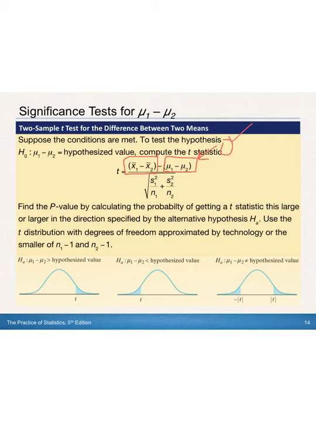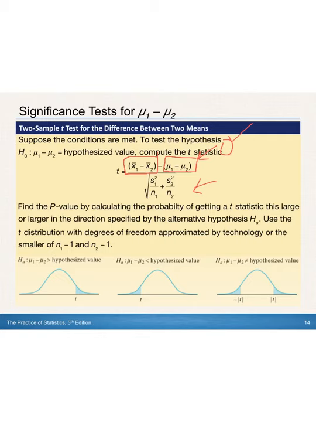And then your standard error, remember, is the sum of the variances divided by n1 and n2. The variance of 1 divided by n1 plus the variance of 2 divided by n2, and then the square root of that, so the sum of the variances.